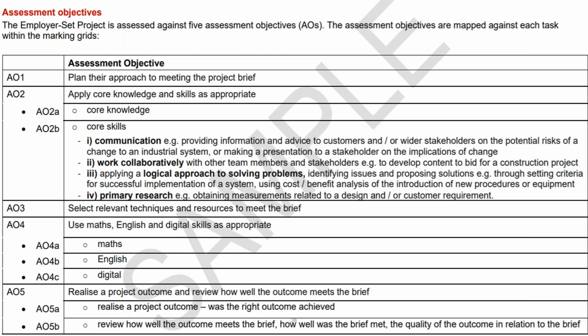There isn't a huge amount of assessment objectives, and I think altogether the weighting is only 6, so it's quite few. I wouldn't be putting a huge amount of emphasis on that until you come to your evaluation, which is the final task, which is 2.2.